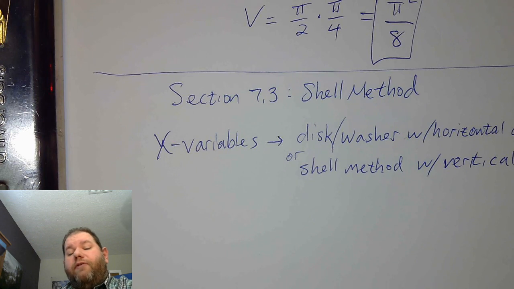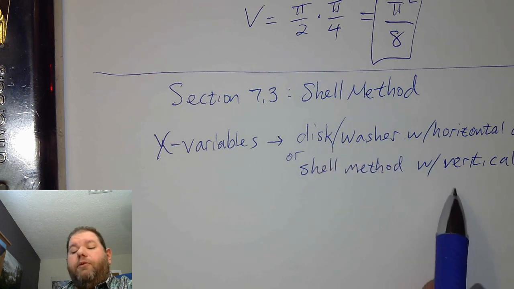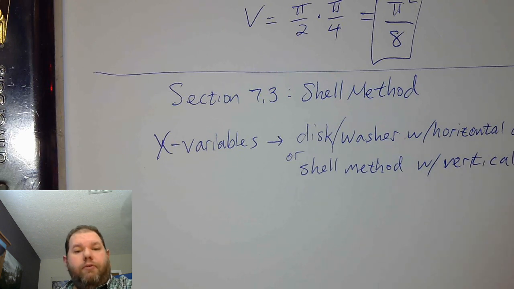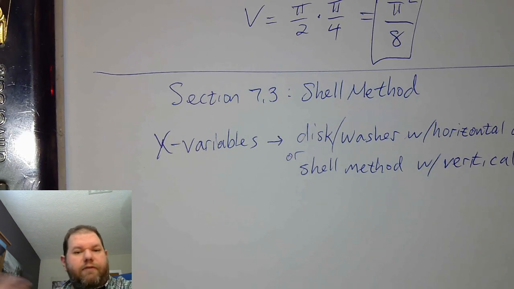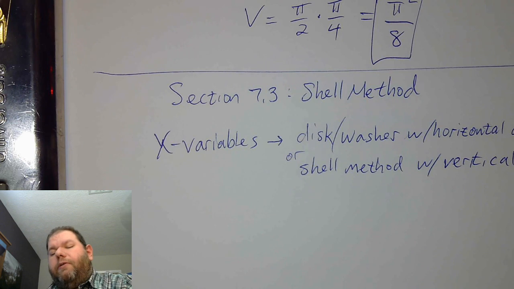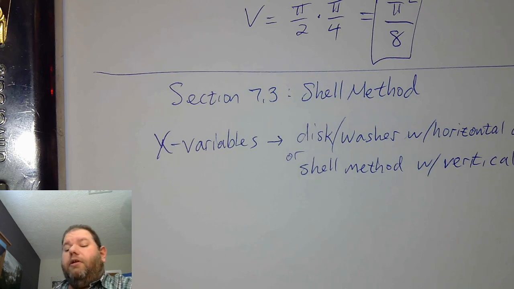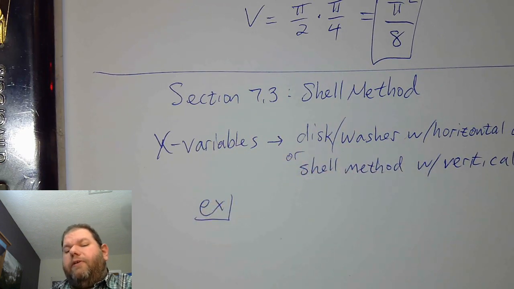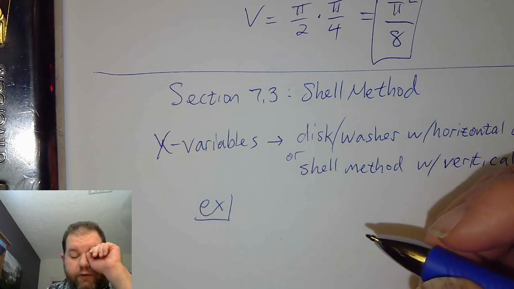If we want to use the y variables, then we basically switch disk washer with the vertical axis, or shell method with horizontal axis. So they basically flip-flop everything. So that means with the shell method, let's focus on a vertical axis and see what we can do with that. As an example, this is one I really like to use for the shell method.